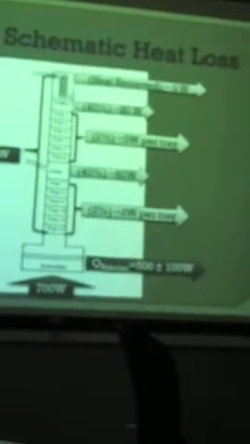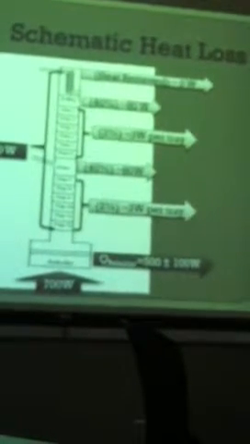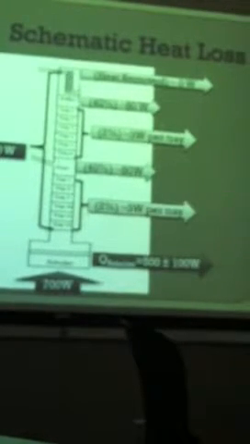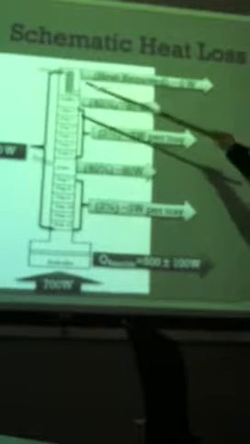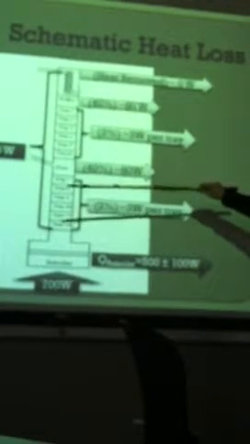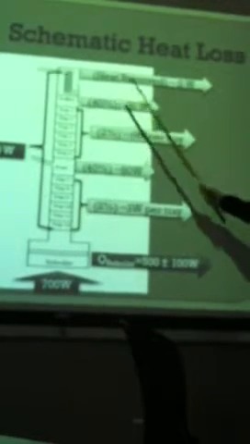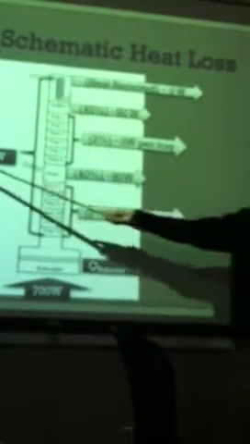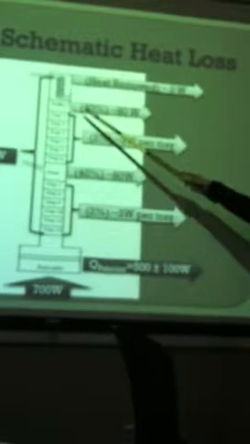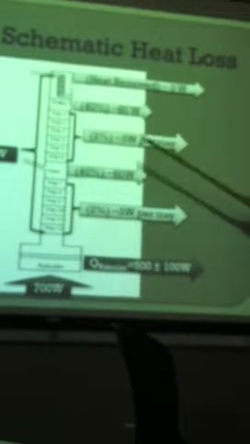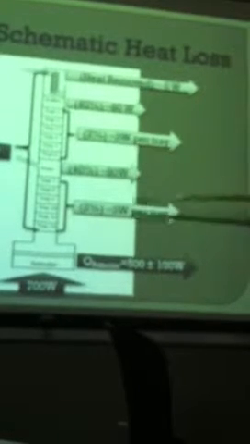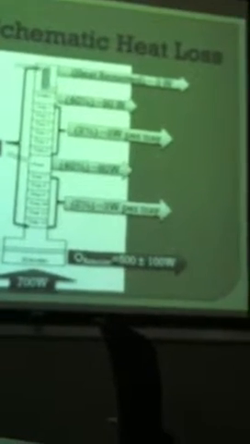And using suggested percentages of heat loss from Dr. Henry, these trays are insulated, but the feed and the reflux are not. So that's where your biggest heat losses are going to come from. So taking it out of this 200, the reflux loses about 80 watts. The feed's losing about 80 watts, and then each tray is losing about 3 watts.